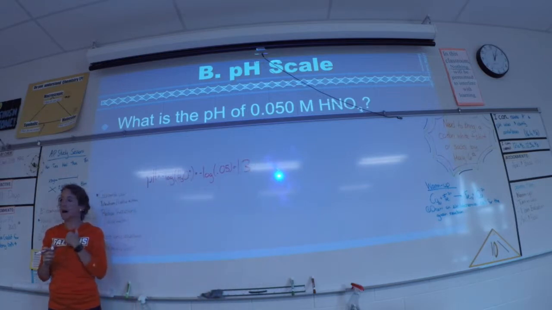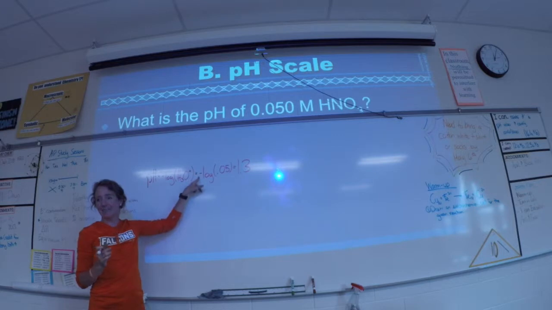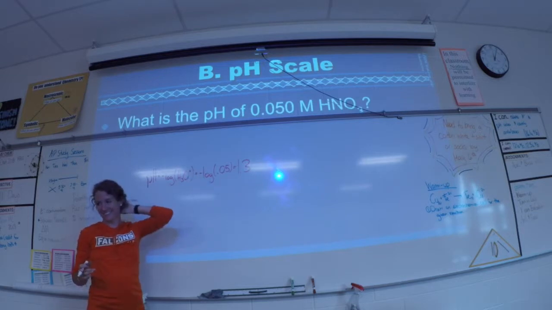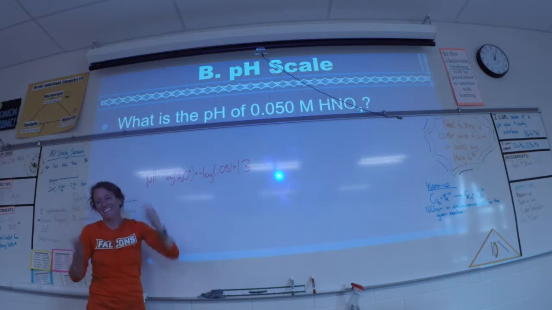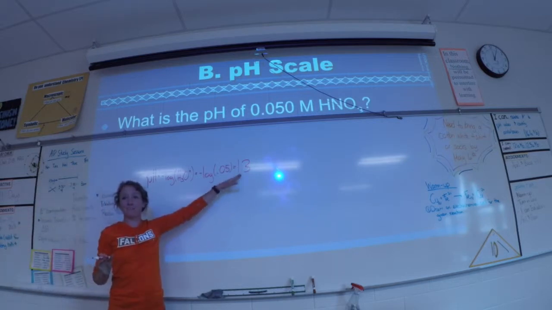If you're using one of my calculators, you have to do it backwards. So you have to hit 0.05 and then hit log and then hit negative. I know. I didn't make the calculators. And the negative just takes it away. Okay, questions on how, did everyone get 1.3 on their calculators?